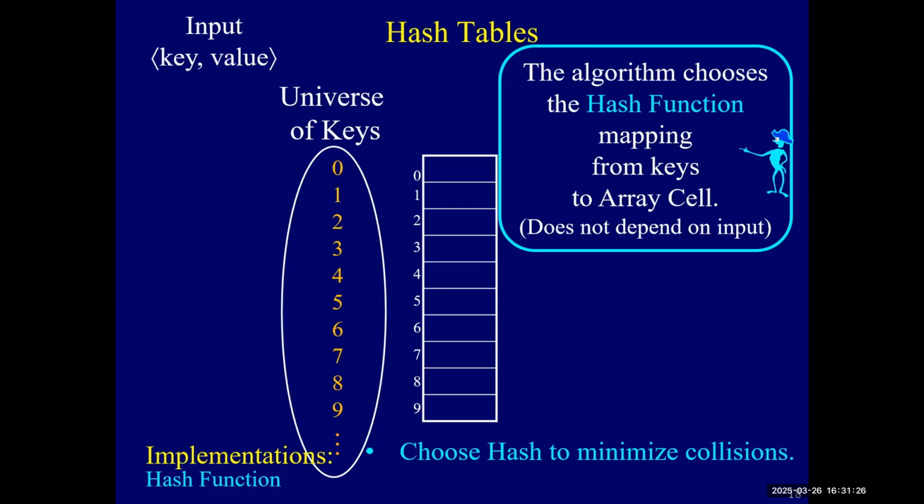If you knew what keys were coming, then you might be able to do fancier things. But we don't know what keys are coming, and keys are going to come and go throughout the history anyway. So we're going to assume we don't know.